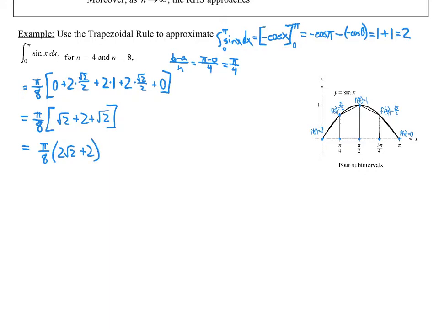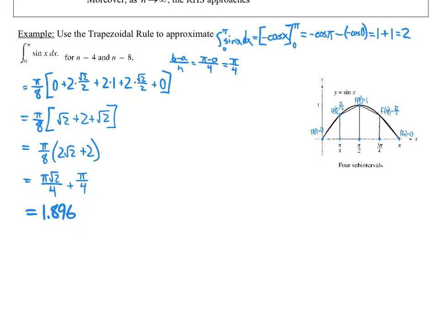And we could distribute that pi over 8 in if we want, and that'll give us pi root 2 over 4 plus pi over 4. Now, if you use a calculator and figure out what that equals, 1.896. 3 decimal places, because AP wants us to do everything to 3 decimals.